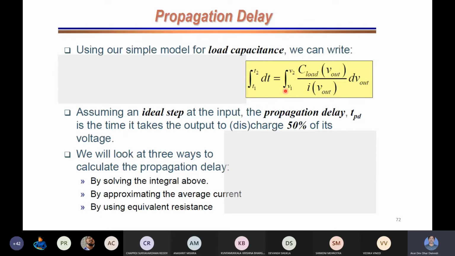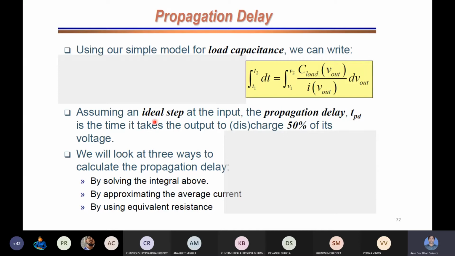This differential model we can use for calculation of the delay, especially TPHL and TPLH. Using this simple model, we consider the load capacitance, and in the load capacitance we include all kinds of internal capacitances, also the interconnect capacitance, and the gate capacitance of the transistors of the next stage.